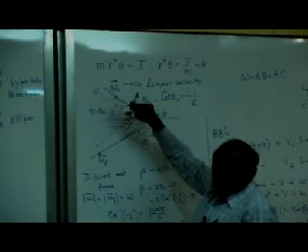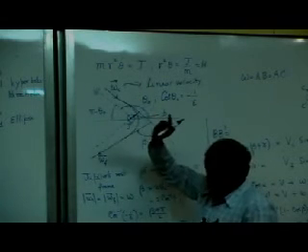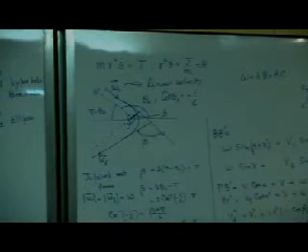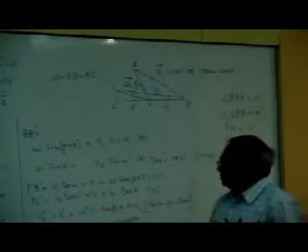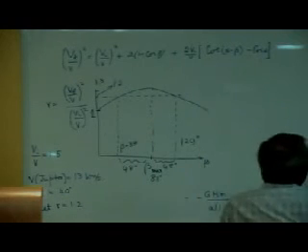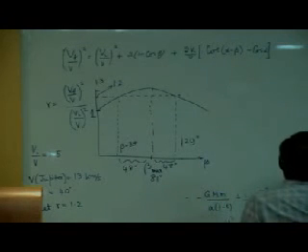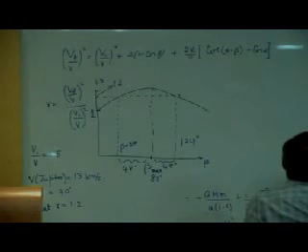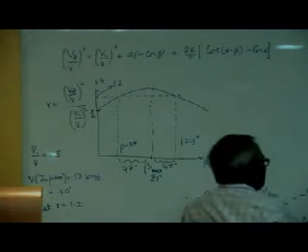So B into omega would be the angular momentum per unit mass. So that's my H is equal to B omega. Okay? But this is 1 by sine squared beta by 2 minus 1.